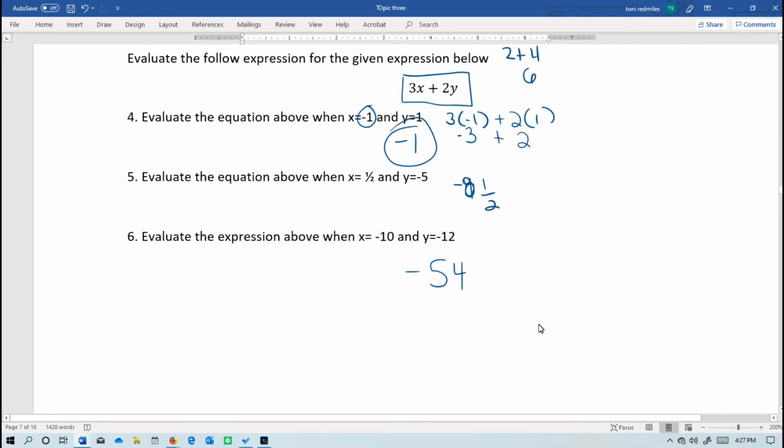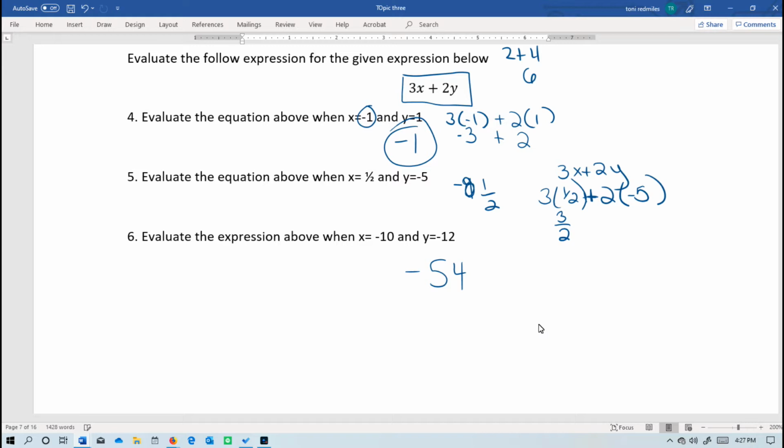All right, in this one, we're using the same expression, 3x plus 2y, and I'm filling in 1/2 for the x and -5 for the y. So first I do my multiplication, order of operations, don't forget it. 3 times 1/2 is 3/2, or 1.5, however you want to write it. 2 times a -5 is going to be a -10.